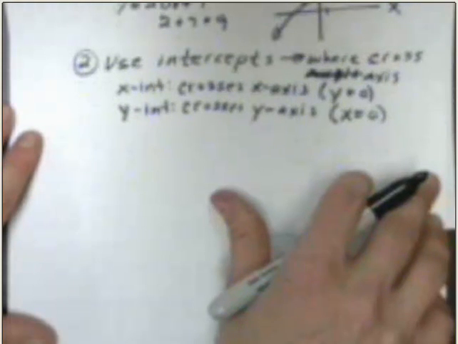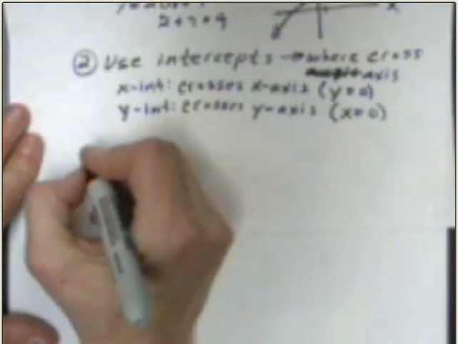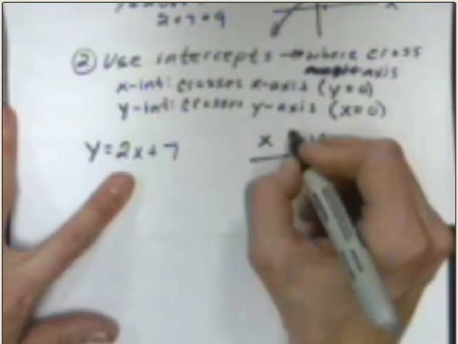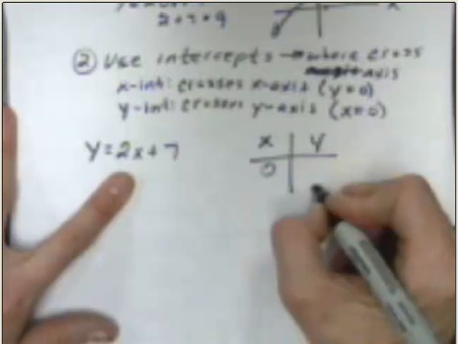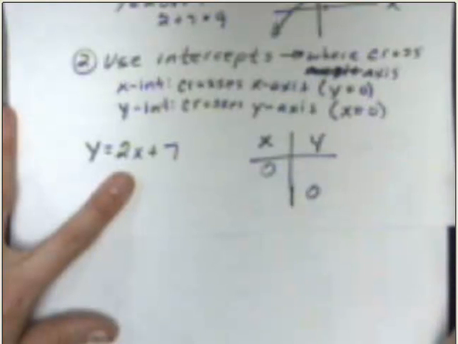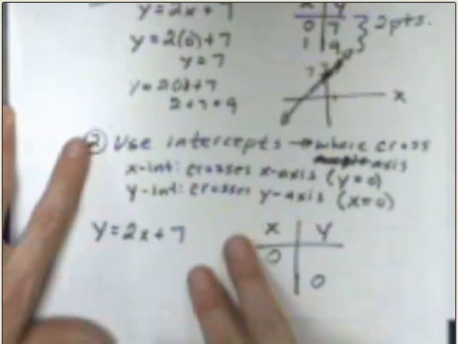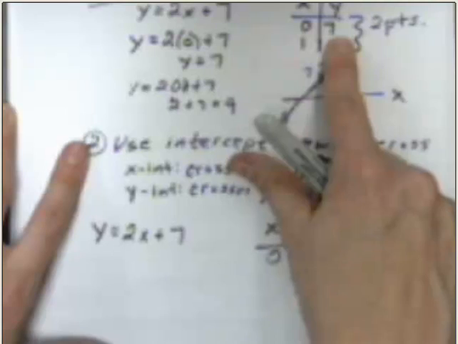So with the previous example we just looked at, y equals 2x plus 7. If someone had said, hey, graph this using the intercepts, what you would have done is make x 0 and y 0 and find those 2 points. We already know from up here in the work above that when x is equal to 0, y is equal to 7, right?